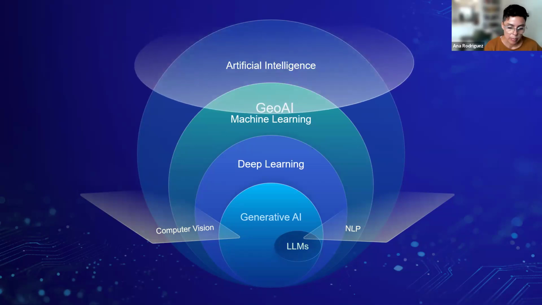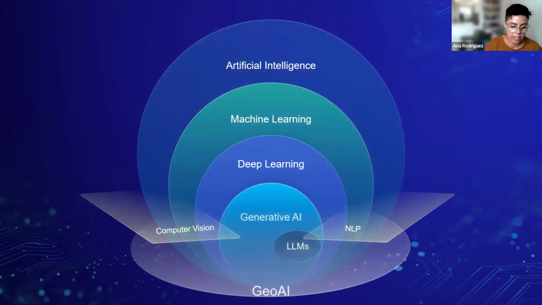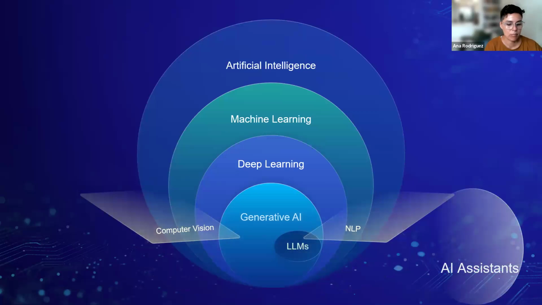So when you hear the term AI or GeoAI, that encompasses all of these things and various applications of using this technology that you see here. More recently, we've heard of AI assistants now. This has also joined this entire group, this umbrella of AI. And we're going to take a look at what those are a little later in the presentation.